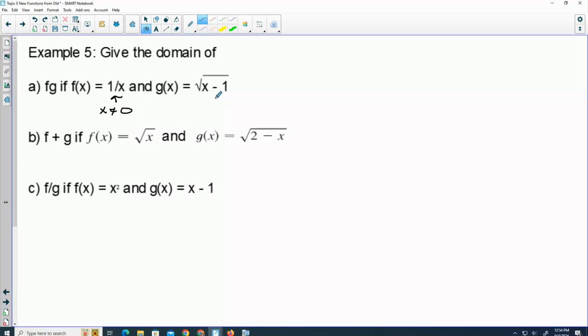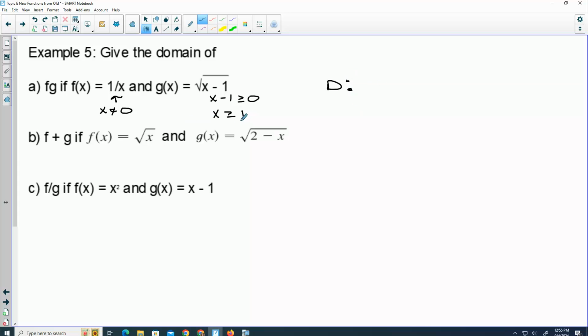If I had the square root of x minus 1 and I wanted to find that domain, then we know x minus 1 would have to be greater than or equal to 0, so x is greater than or equal to 1. Now if I want f times g, I have to put these two things together.